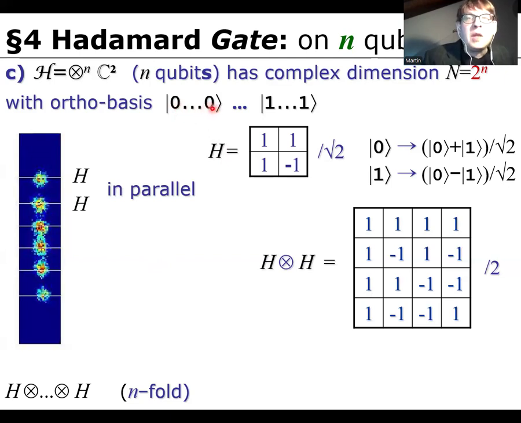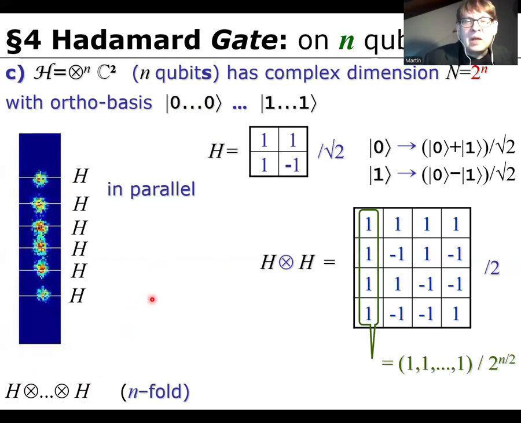Remember that this is an n-bit string, but it is an abbreviation of a 2 to the n-dimensional vector. And this gets mapped by this n-fold tensor product of Hadamard gates into the entangled state. Right, so here we have 2 to the n dimensions, and this is the normalization here.